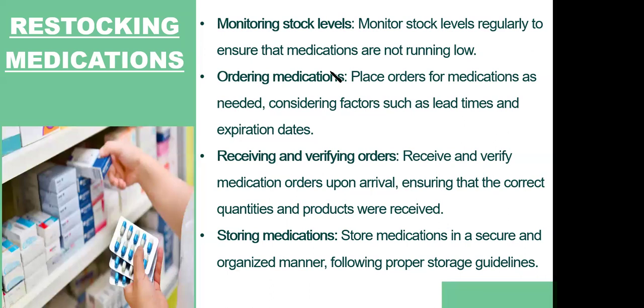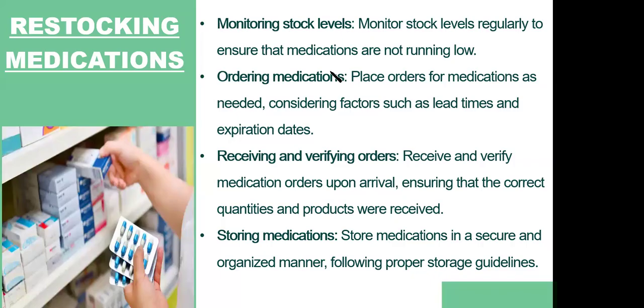These are things that you need to check. Carefulness is required because it's human life we are dealing with. So you check the expiration dates of the drugs. You check that the quantity aligns with what you actually ordered.